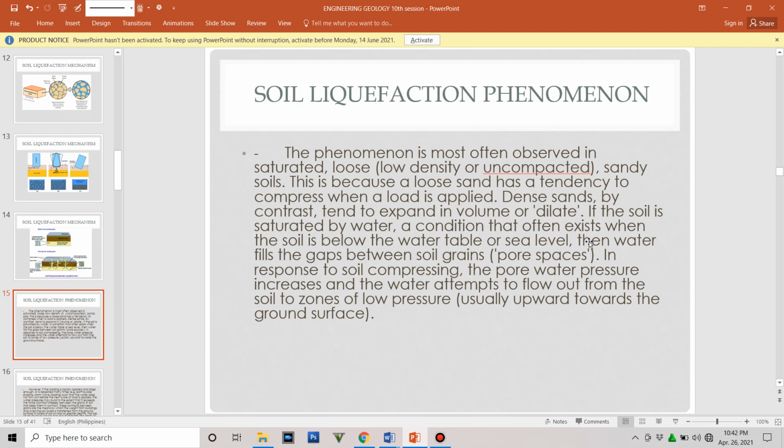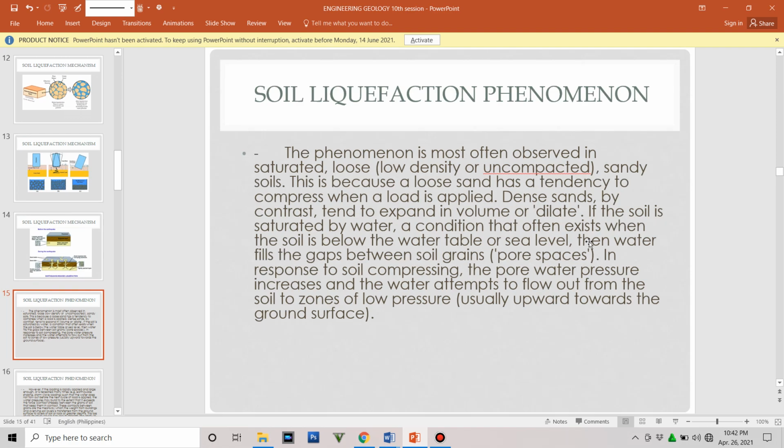Kapag umapak ka sa beach, magkakaroon ka ng footprint in the sand. Yung outline ng paa mo, or the perimeter of your feet outline, yun yung nag-dilate. Ibig sabihin, tumaas yung mga soil particles because of the loading.